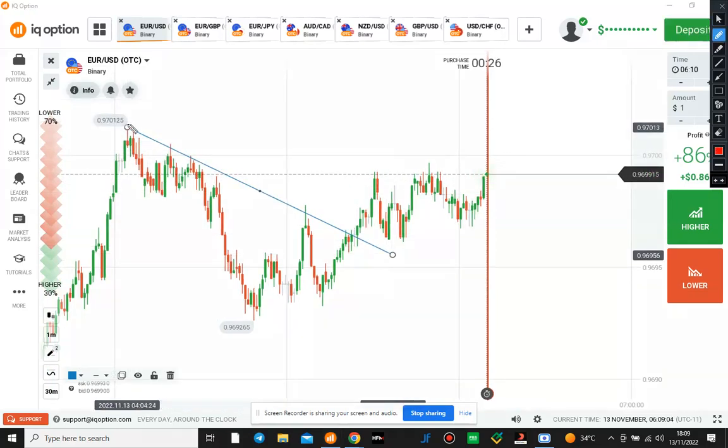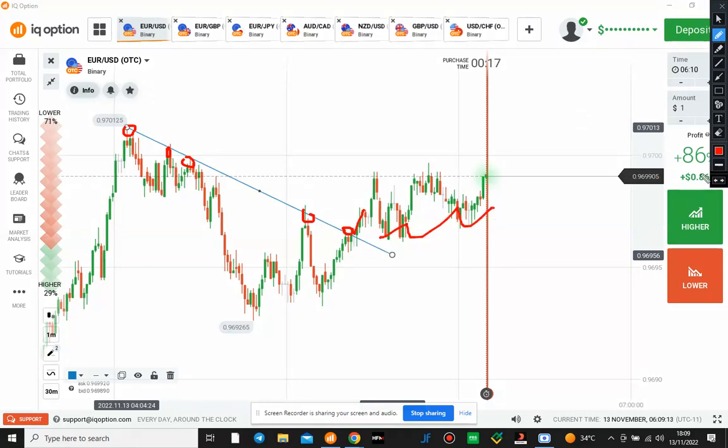Here, here, here, you can see here and here. Finally, price breaks the level and then pushes upside.